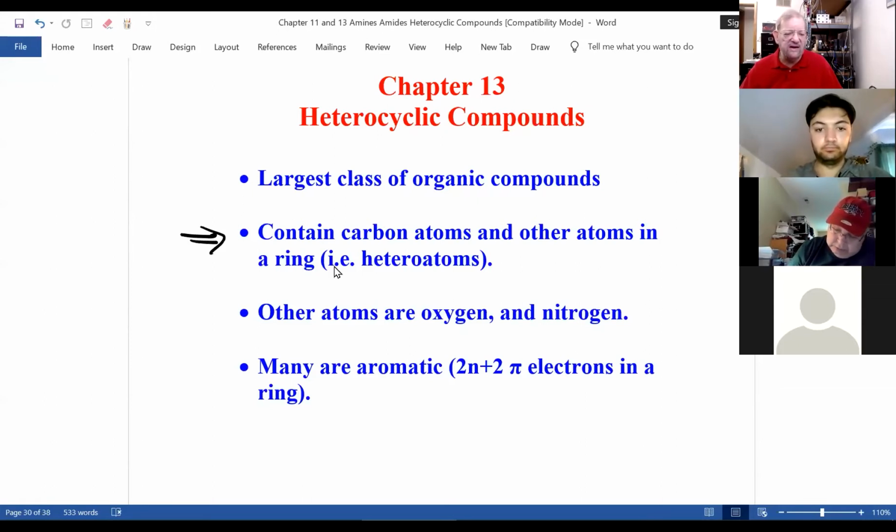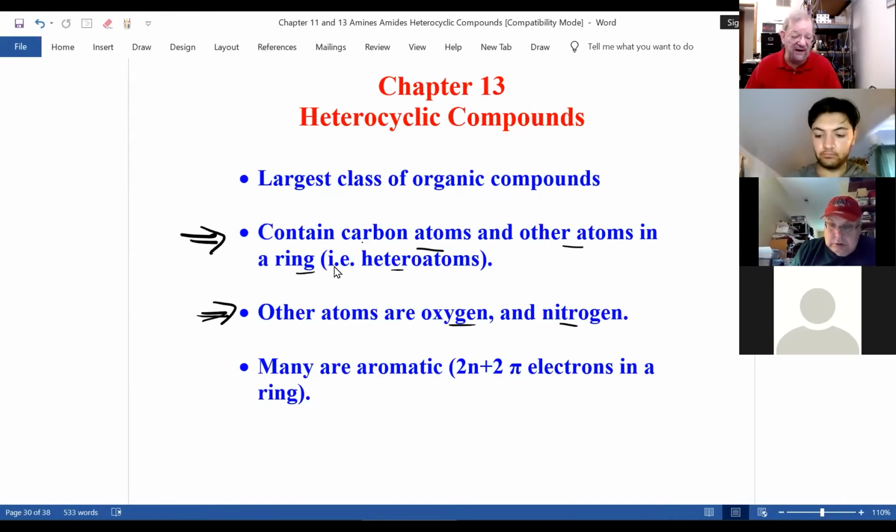It's a compound containing carbon atoms and other atoms in a ring. Hetero meaning different. And those other atoms, you should know, are oxygen and nitrogen. Again, you should know what a heterocyclic compound is. It's a compound containing carbon atoms and other atoms in a ring, and those other atoms are either oxygen or nitrogen. I can't think of one where you have both in a ring.